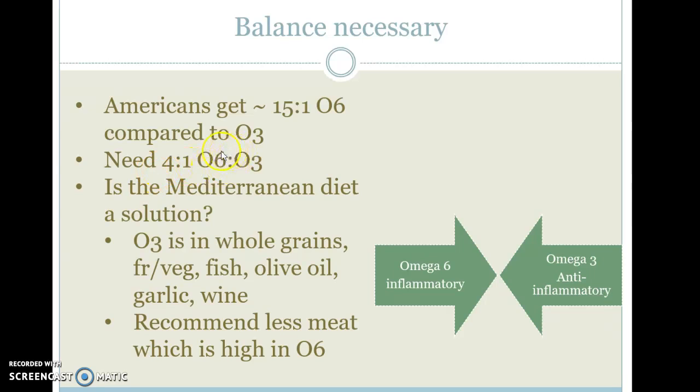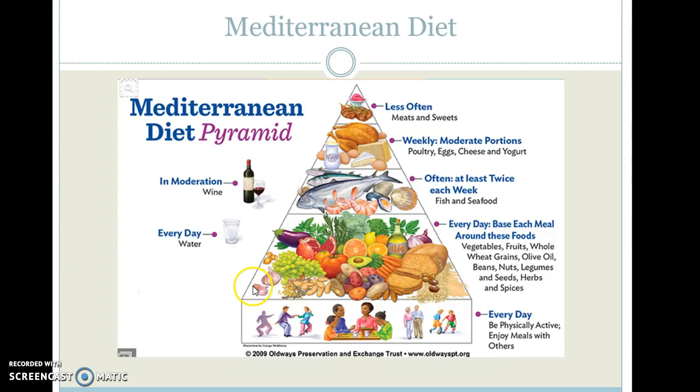So in order to get that balance down to a higher amount of omega-3s, one solution would be a Mediterranean diet, which is that diet which includes olive oil, yogurt, garlic, a lot of fresh vegetables and whole grains, and a lot less meat and less dairy. That's one possibility of a way to encourage a better balance of fat.